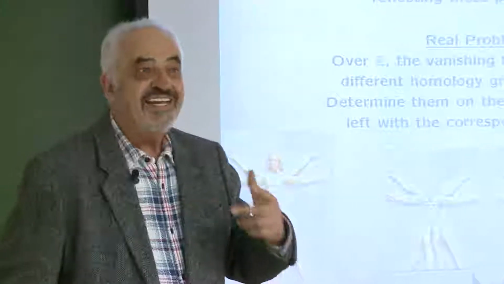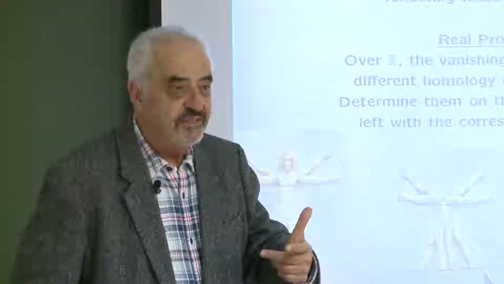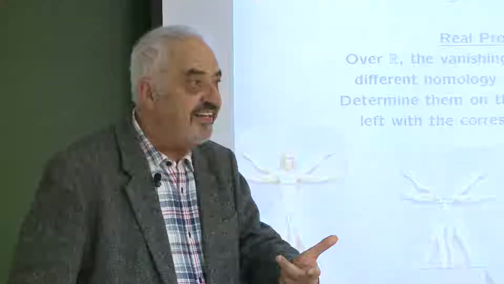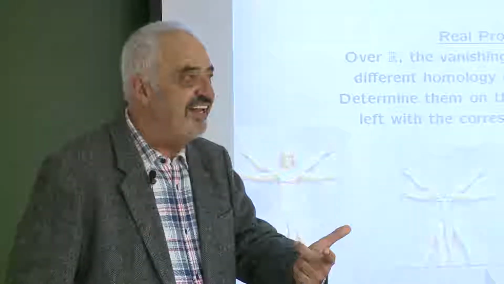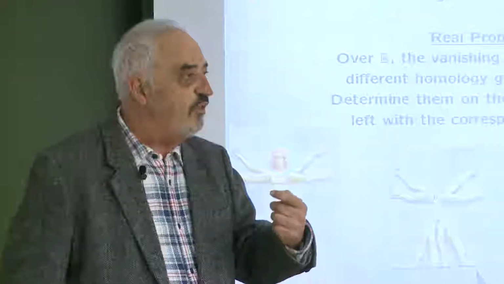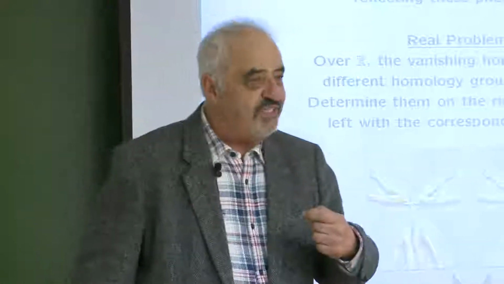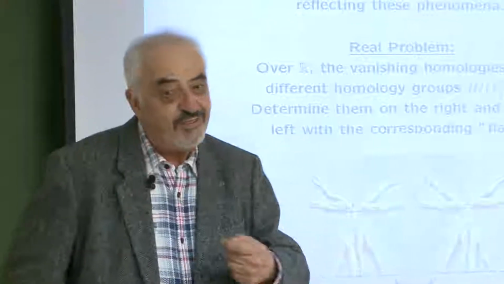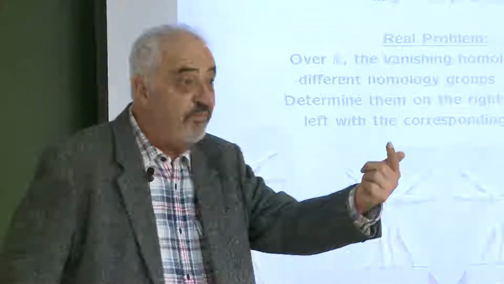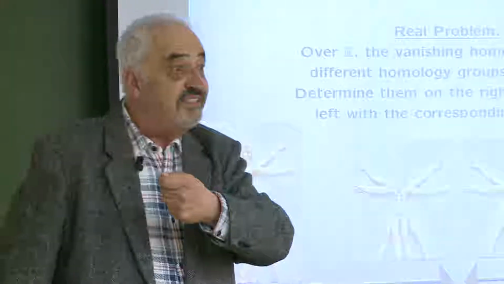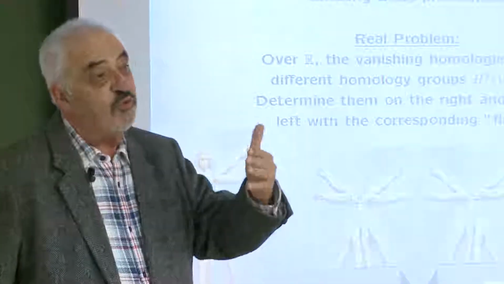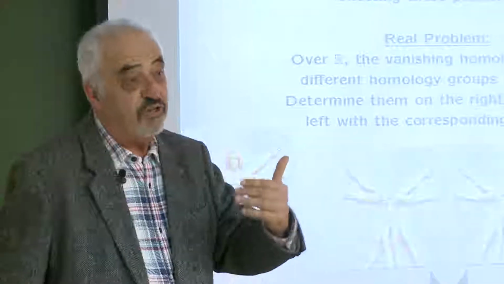Now, t to the 3/2, when you go around, it also changes sign, but not at the same speed when you go to zero, because t to the 3/2 goes to zero quicker than t to the 1/2. So both of them have the same monodromy, but you can distinguish them because when you go to zero, one of them is t to the 1/2 and the other one is t to the 3/2.